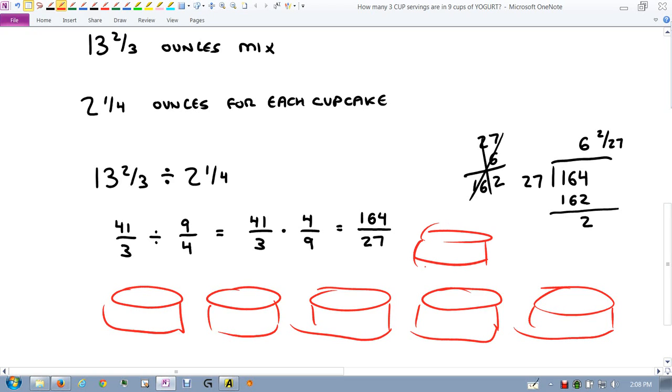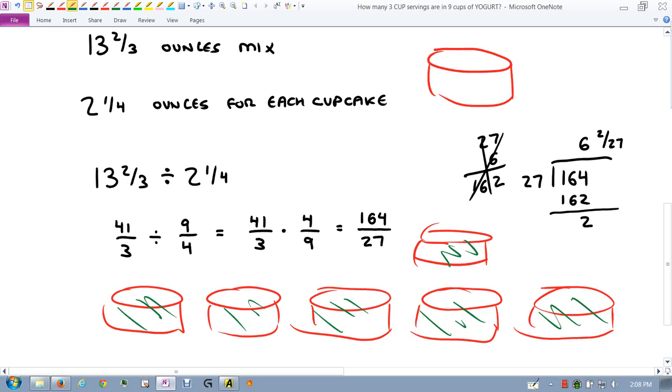Look, 6 cupcakes, right? That's what I can make. But I have how much left over? 2/27ths of a cupcake. That's right. So hold on. All right. So look, I had a cupcake bin here that I could have filled up, right? All these got filled. Each one took how much in it?